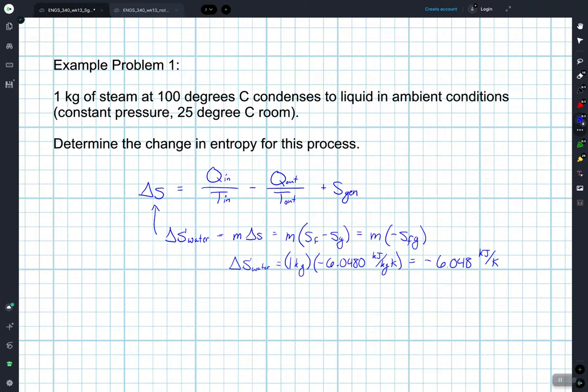So that's how much the water is changing entropy. Hopefully other things are changing entropy more than that so that we actually make up for it. So let's look at what that is.